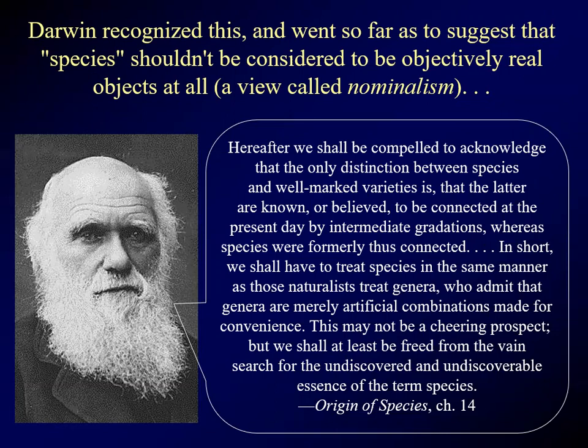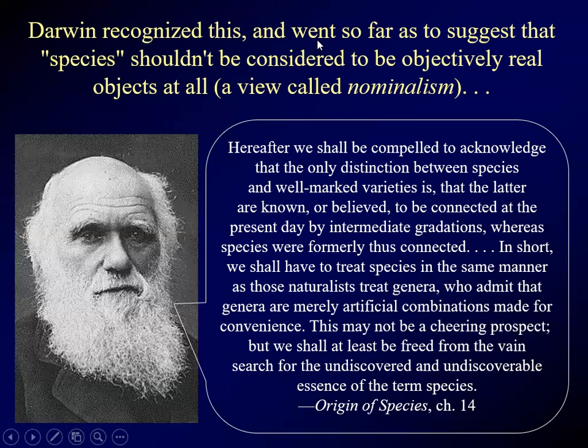"The only distinction between species and well-marked varieties is that the latter are known to be connected at the present day by intermediate gradations, whereas species were formerly thus connected. We shall have to treat species in the same manner as those naturalists treat genera who admit that genera are merely artificial combinations made for convenience.